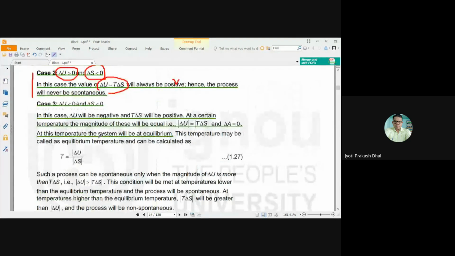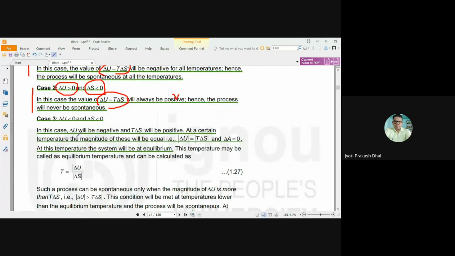Now coming to case 3. This is an important case. Why is this important? Because here we have to take the value of temperature. In this case, del U will be negative and T del S will be positive. At a certain temperature, their magnitudes will be equal.